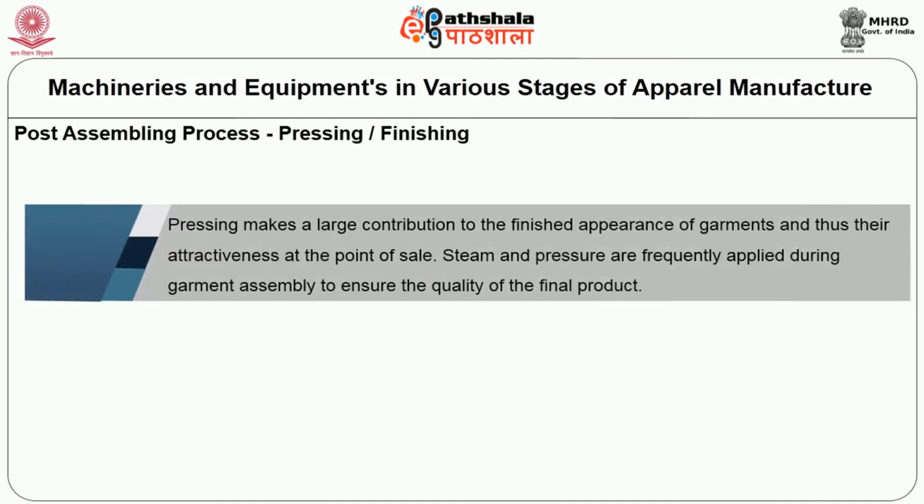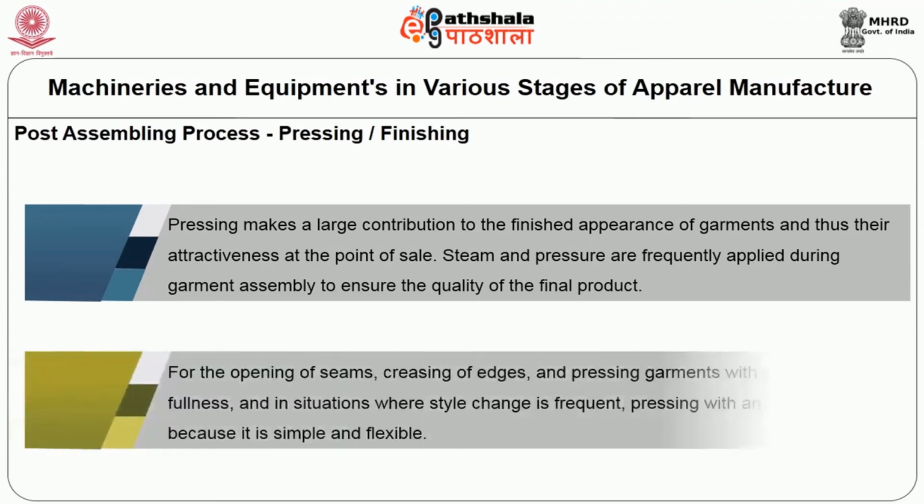Pressing makes a large contribution to the finished appearance of garments and thus their attractiveness at the point of sale. Steam and pressure are frequently applied during garment assembly to ensure the quality of the final product. For the opening of seams, creasing of edges, and pressing the garments with gathers and fullness, and in situations where style change is frequent, pressing with an iron is common because it is simple and flexible.